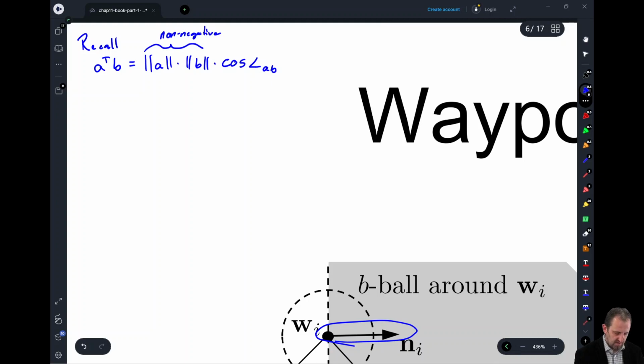They're going to be either 0 or positive. And the cosine of the angle between them is going to be either negative, 0, or positive. So it could be anything.